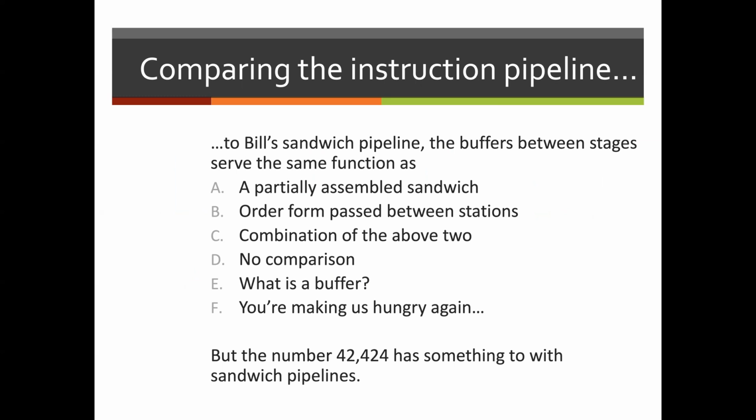Is it A, a partially assembled sandwich, B, an order form passed between stations, C, a combination of the above two, or D, no comparison? And so we know that in the past, we've used it to represent a combination of the two.